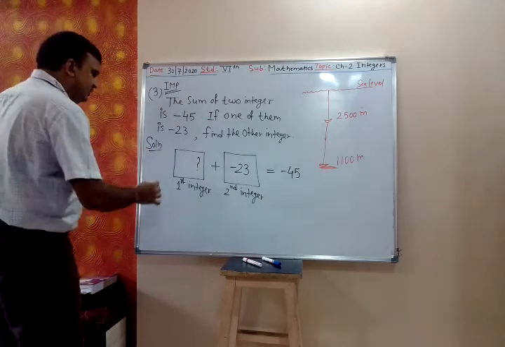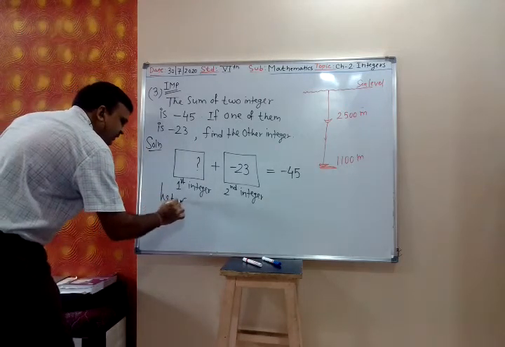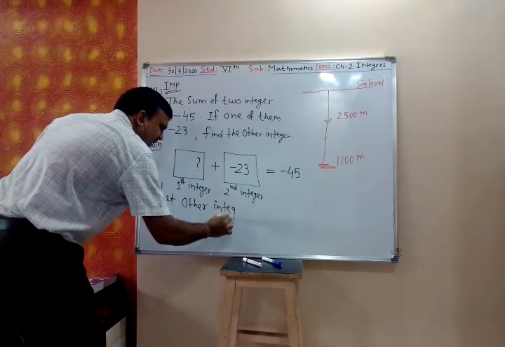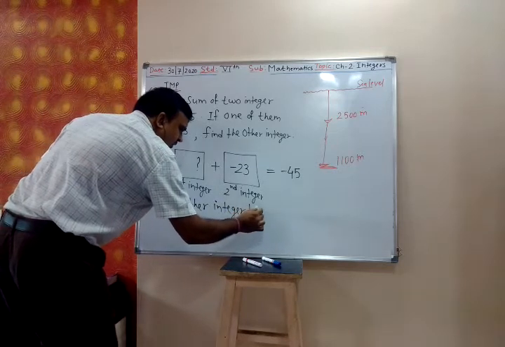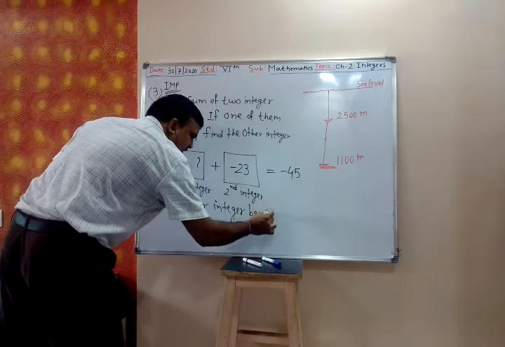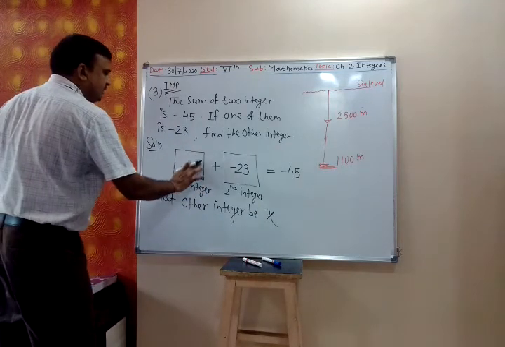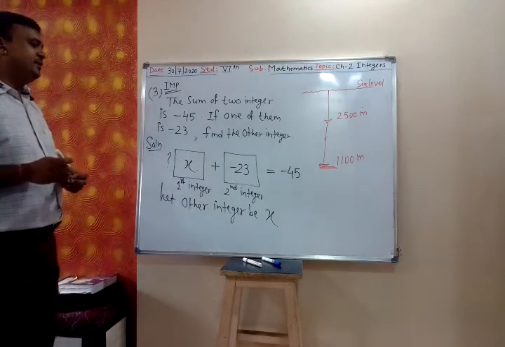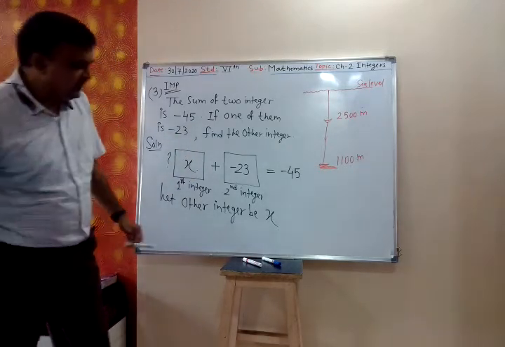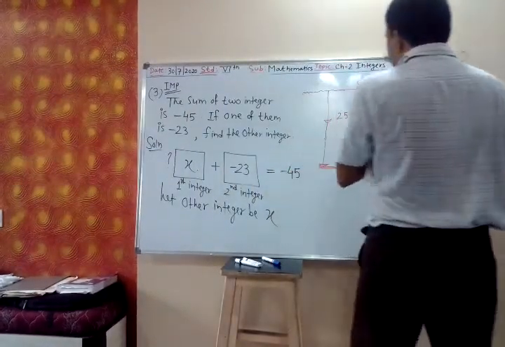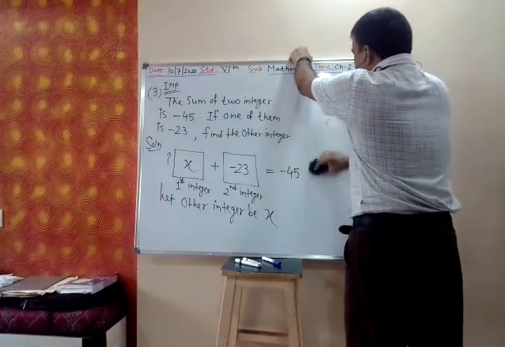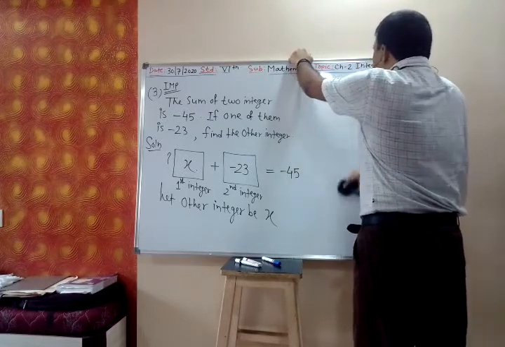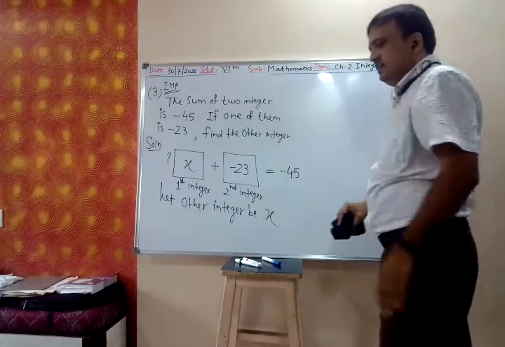So we write, let the other integer be x. I have put the question mark. Let the other integer be x. In the box I want to find that integer, so that integer I have taken as x.